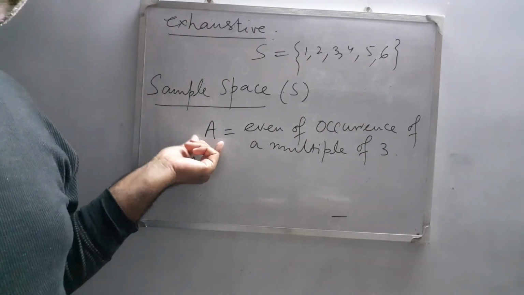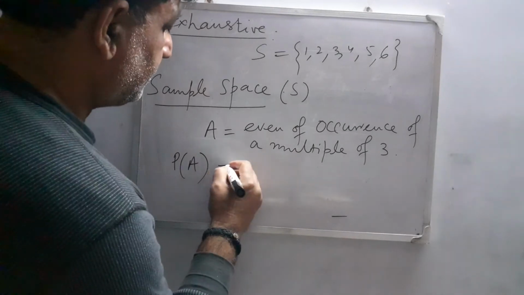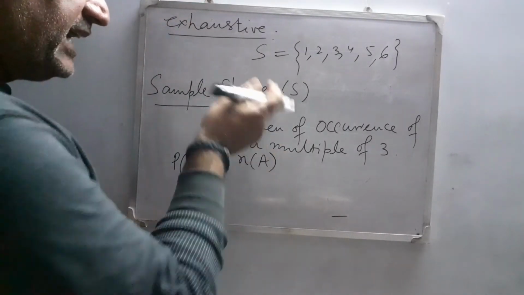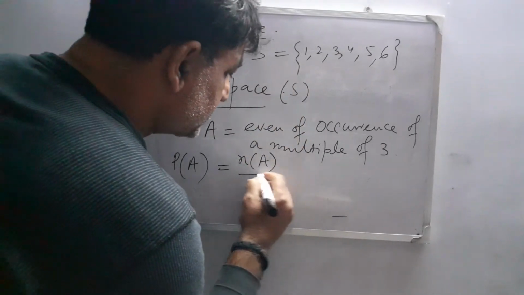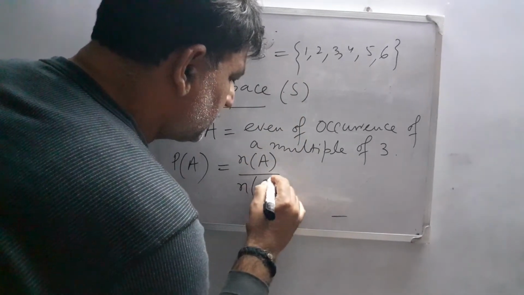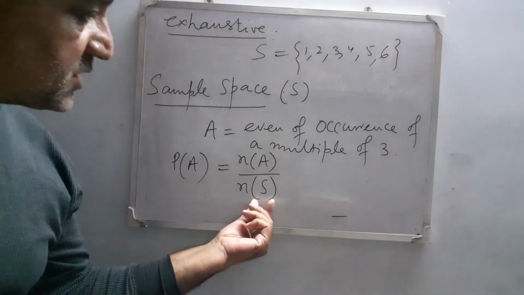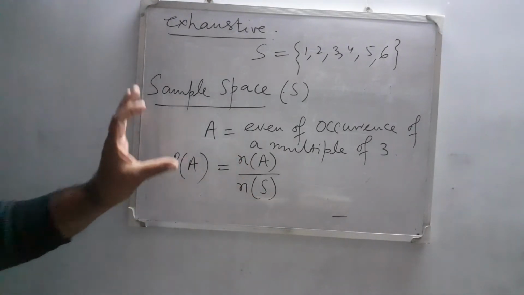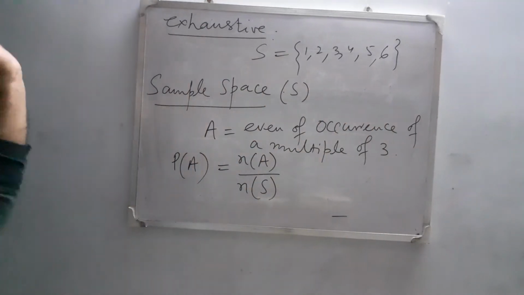Favorable means N(A), the number of outcomes favorable to event A, and N(S) means the total possible outcomes of the random experiment, that is, the number of outcomes in the sample space. N(A) by N(S), this is the definition of probability which we have discussed so far.